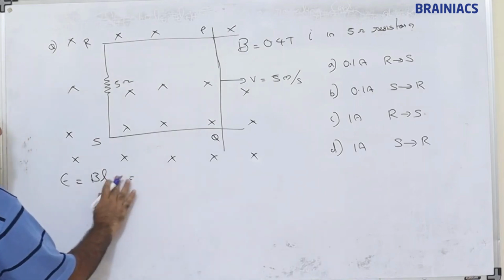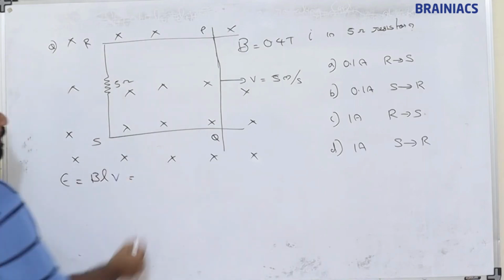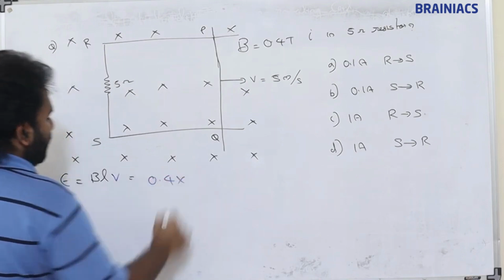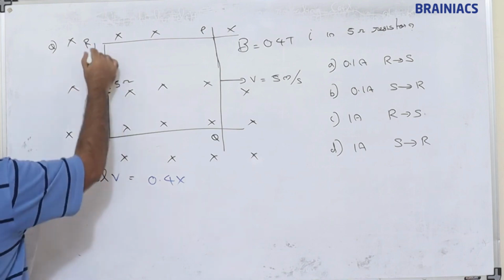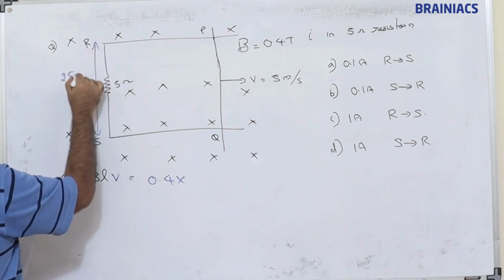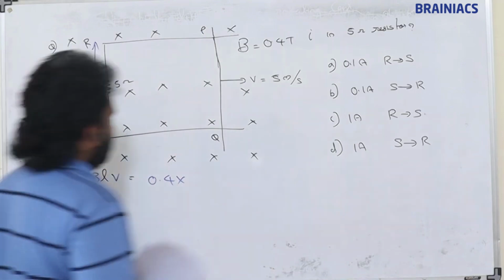So motional EMF, E is equal to BLV, 0.4 into, I forgot, sorry, the length is also given: 25 centimeter.